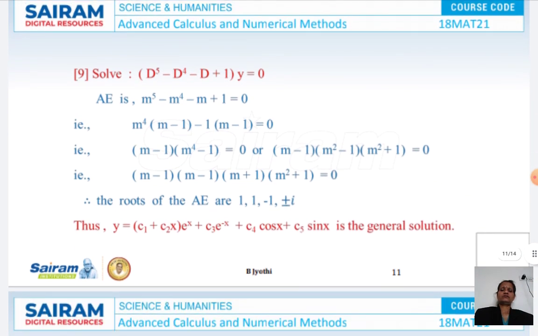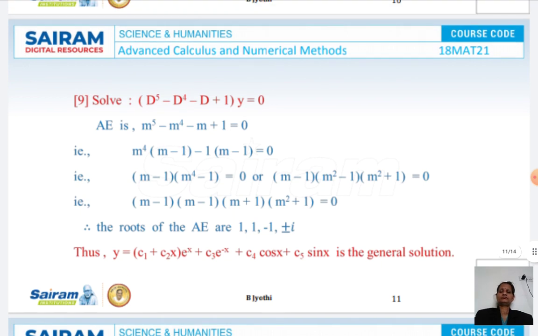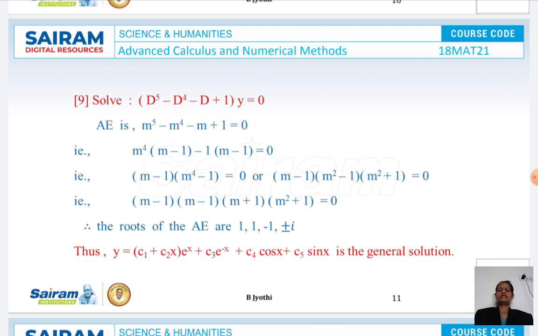Next question. D^5 - D^4 - D + 1. I am writing it in the auxiliary equation form, and taking m^4 out from the first two terms, we get (m - 1) common. Again taking m - 1 common, we get (m - 1)(m^4 - 1), which can be further written as (m - 1)(m^2 - 1)(m^2 + 1) = 0.